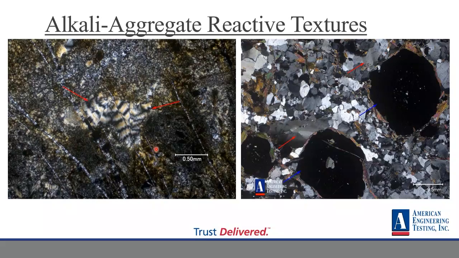So it can produce an amorphous precipitate we call ASR gel, because it is a gel-like substance that starts to propagate out of different aggregate particles, and that gel will absorb water and expand, and it results in characteristic crack patterns, which again I'll show you.